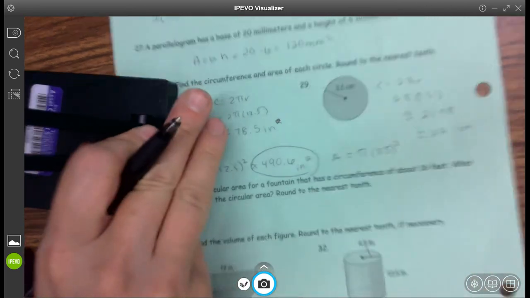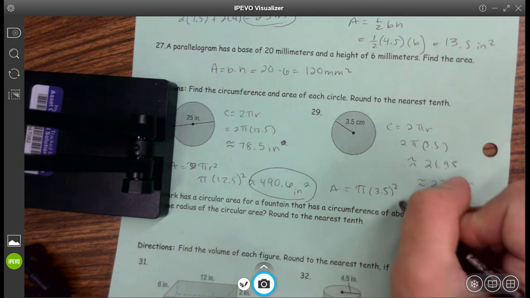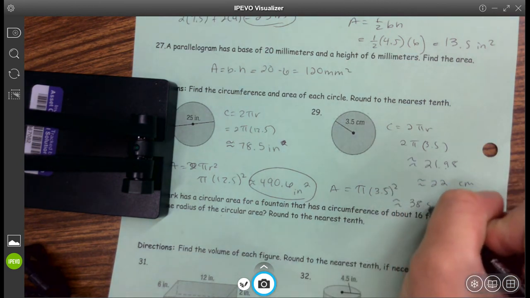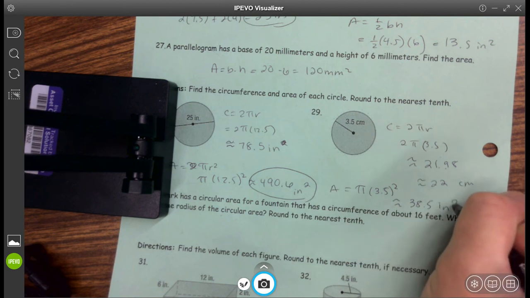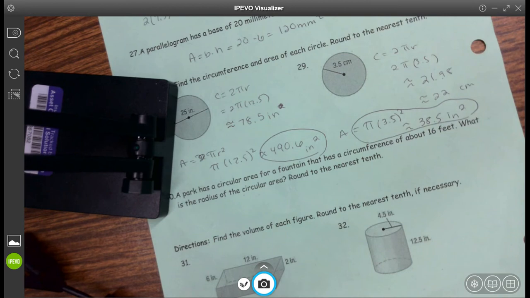Here, 3.5 times 3.5 times 3.14, that's 38.5 inches squared.